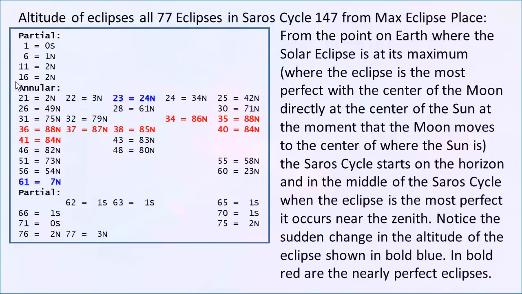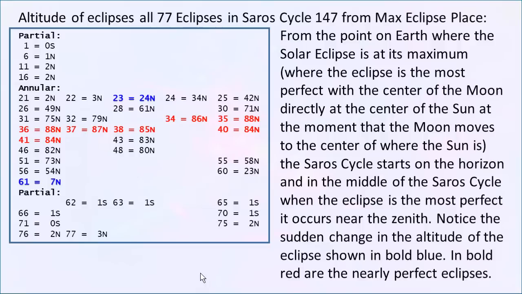The first annular eclipses are still near the horizon, and then they start being more visible, and they get higher and higher in the sky. By the time we get to the middle range, the 34th to the 41st, the middle range of this series of eclipses in this Saros cycle, it's almost directly overhead.